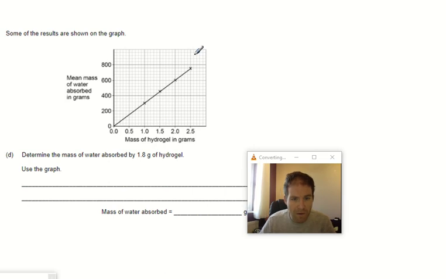So every little square equals 0.1. So we need to go 3 squares up from this side, 1, 2, 3, and we find it reaches there. That's 3 squares across. And if we look down there, that is 2 squares down.